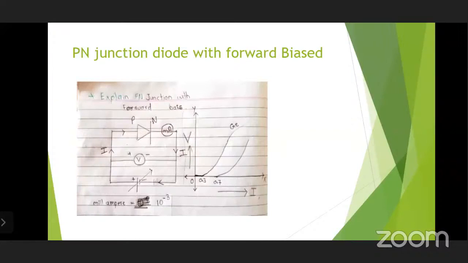In p-n junction forward bias, the graph is shown here. When the voltage is zero, the current is zero, then as voltage increases the current increases.